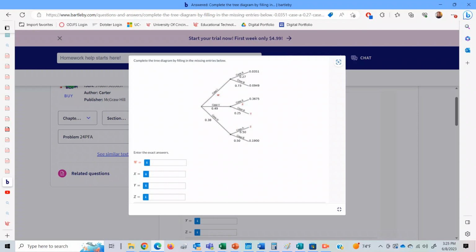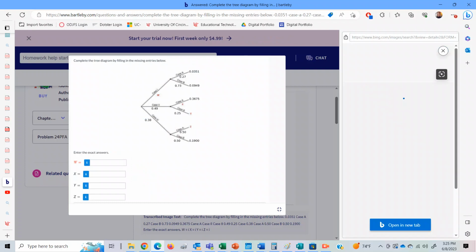So this lesson is not to test them, but it's more formative, to see if they understand how this all works with a tree diagram. And then they enter in their answers in the boxes. That way I can check to see if they understand, or they can check themselves.